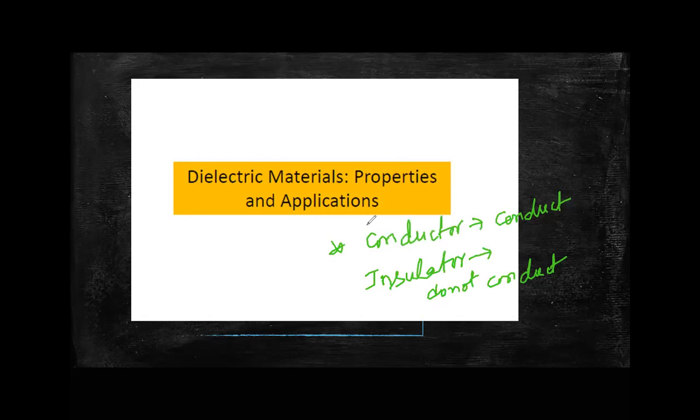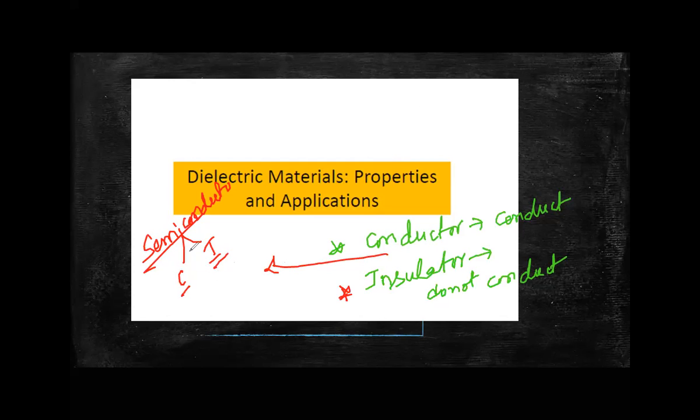Now the question is, what is the third type of material? The next type is semiconductors. So what are these materials? They behave like both conductors and insulators.